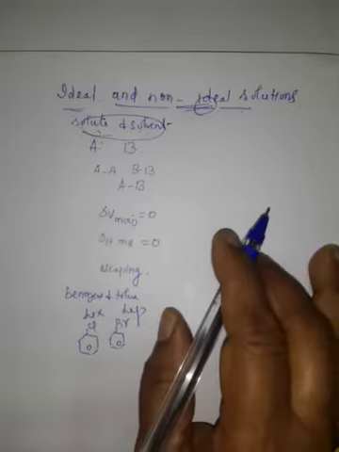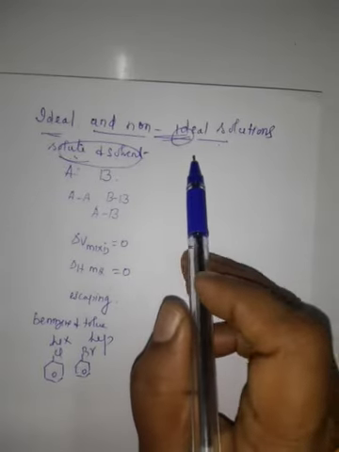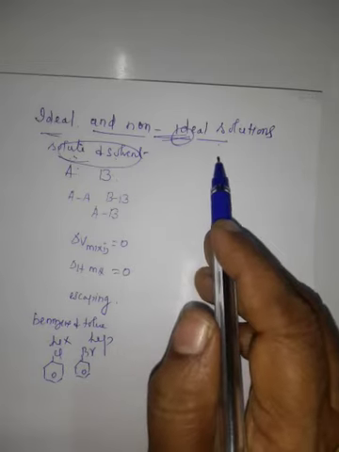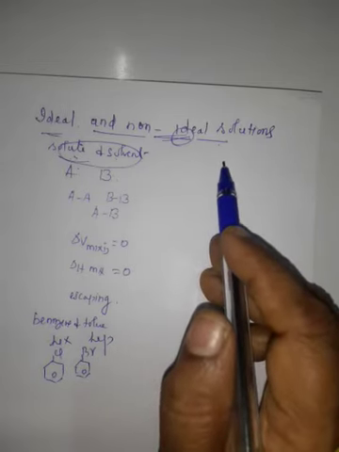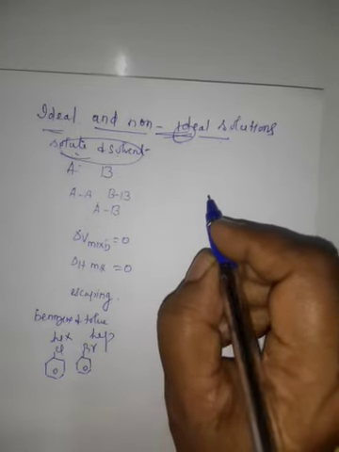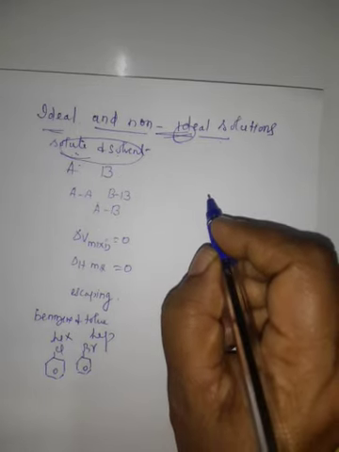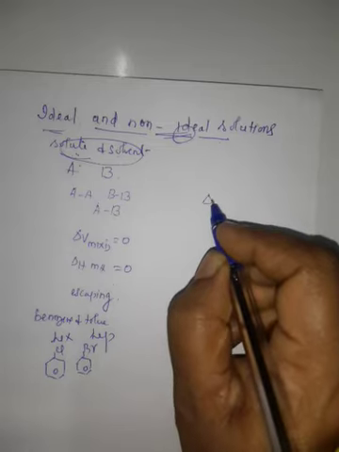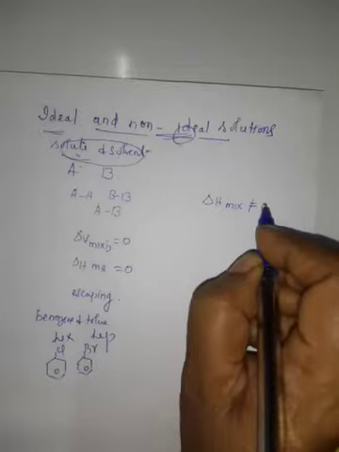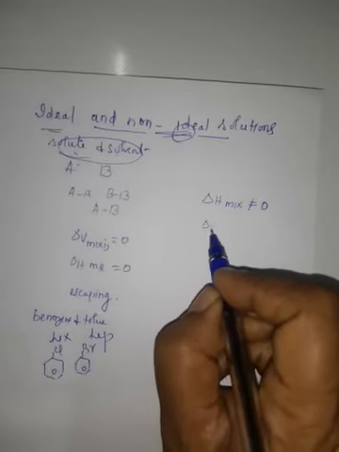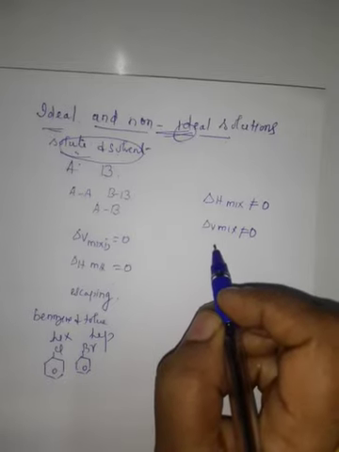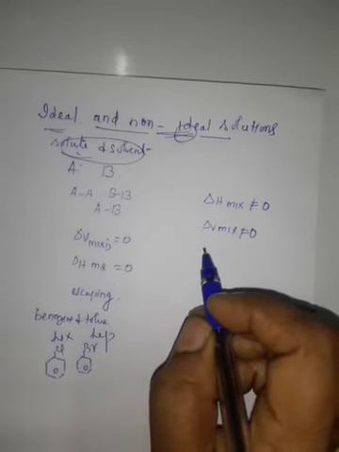But for non-ideal solutions, as I already told, they do not obey Raoult's law over the entire range of concentration. For a non-ideal solution, there is a change in the volume and enthalpy upon mixing. So delta H mixing is not equal to 0, delta V mixing is not equal to 0, and similarly the escaping tendency is also not equal.